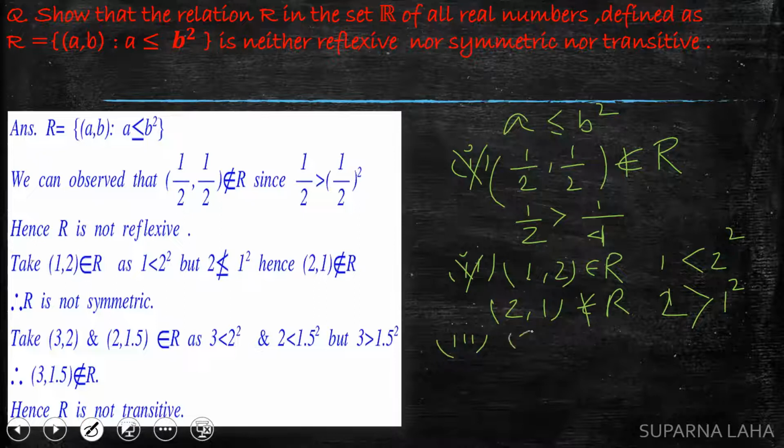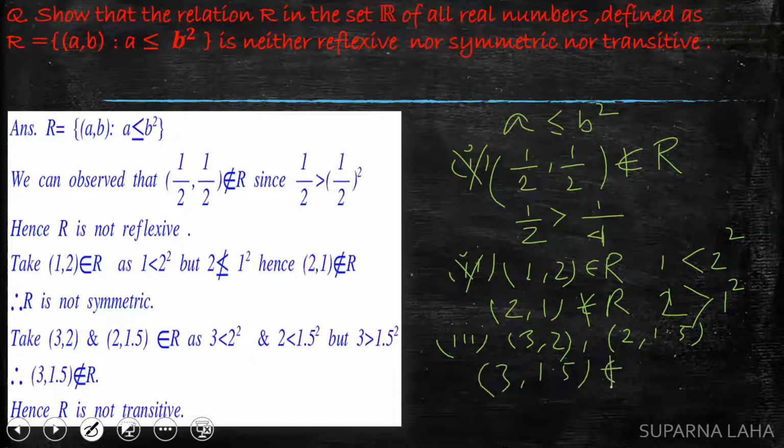If I take these two ordered pairs, 3 comma 2 and 2 comma 1.5, these two ordered pairs belong to the relation R, but you can check 3 comma 1.5 does not belong to that. Here it is given. That means not transitive, not symmetric, not reflexive.